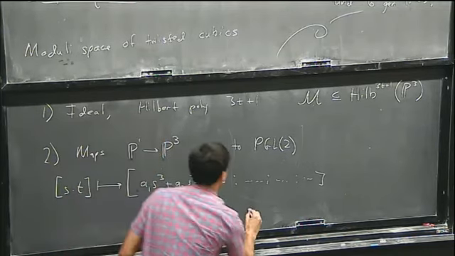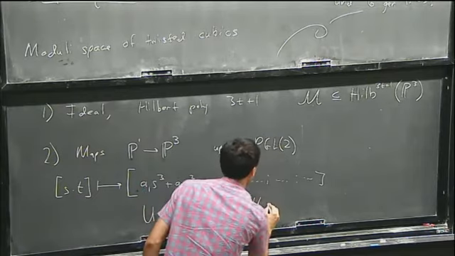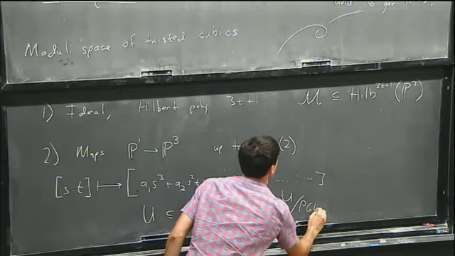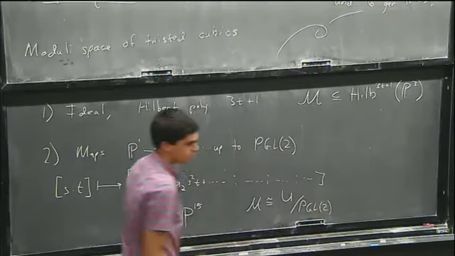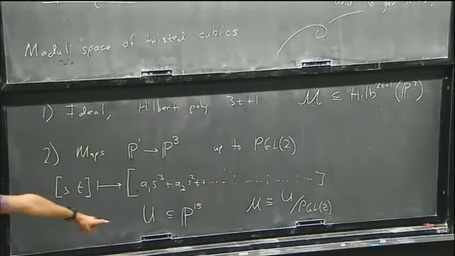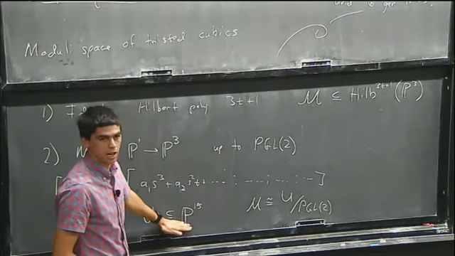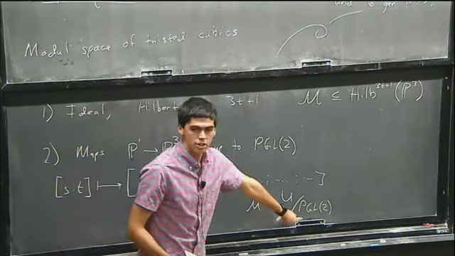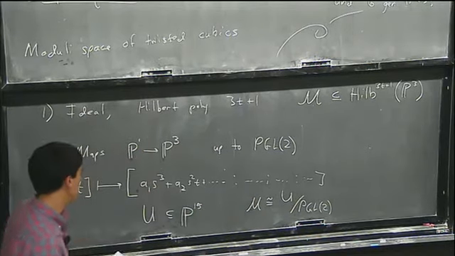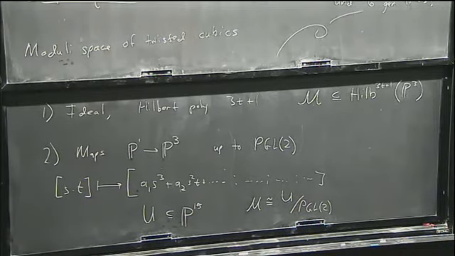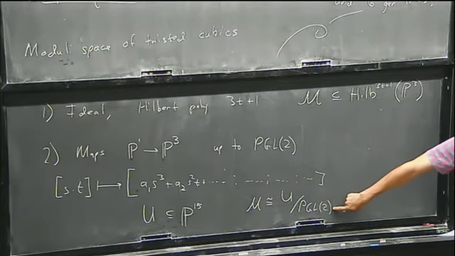This moduli space M is going to be isomorphic to U modulo PGL2. So that's another way to get a handle on M, by looking at an open subset that we can describe and taking the quotient by a PGL2 action. And this action is free. It's easy to see. Since this group is 3-dimensional, this shows that the space we're talking about is 12-dimensional.